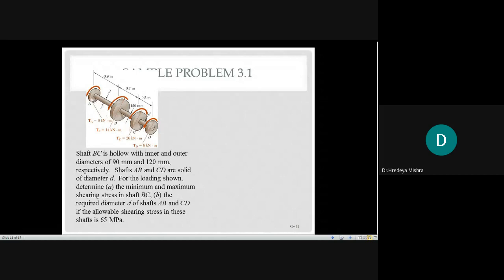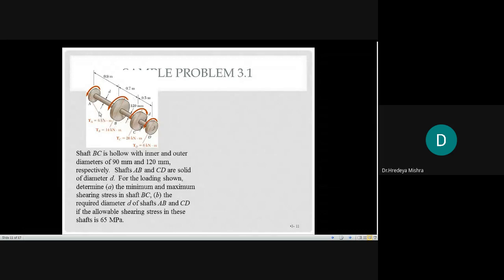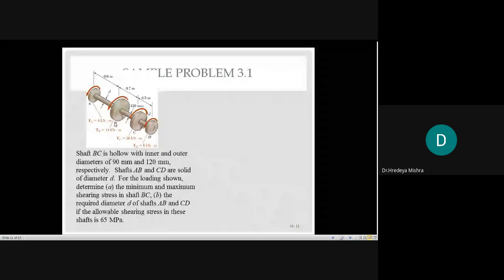Here A to B has diameter d and C to D has diameter d, but the shaft diameter between B and C is given. The distances are also given, and the torque values are also given: the torque at A, at B, at C, and at D.